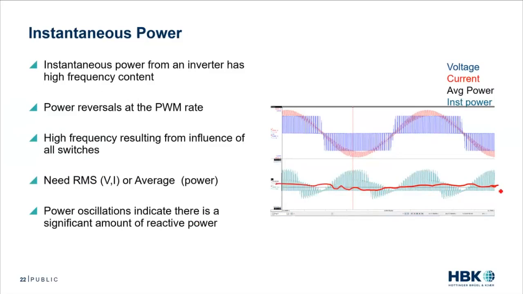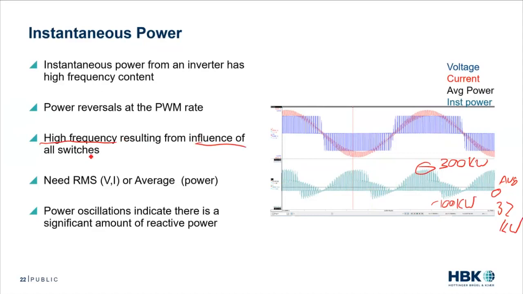I've got a 0, an average, and my average is 32 kilowatts. Well, I have peaks here at 300 kilowatts and negative peaks at around 100 kilowatts. And we see this reversal at the switching rate. So we have this really high frequency content in our power because of the influence of all the inverter switches.